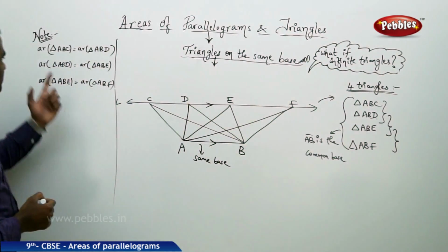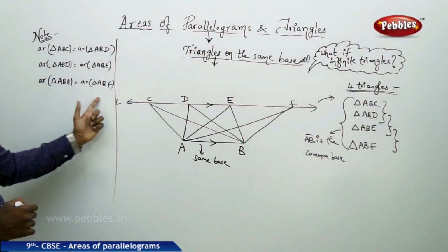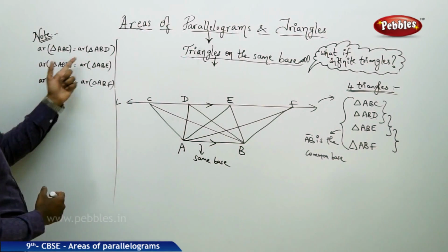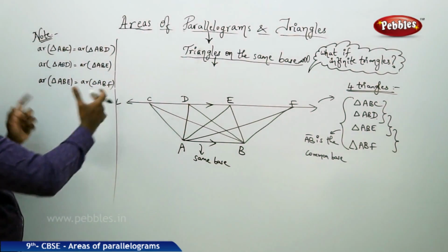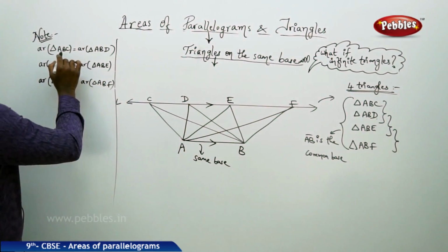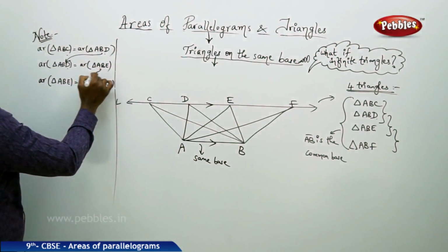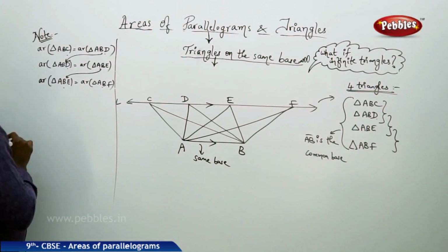So I have total three pairs which define areas of each triangles being equal. Now that each of the triangles are equal, when I combine all these possibilities, triangle ABC equals triangle ABD, which in turn equals this, which in turn this equals this.